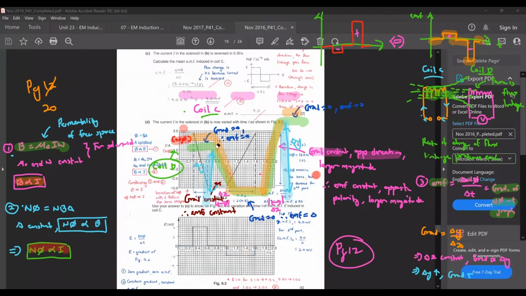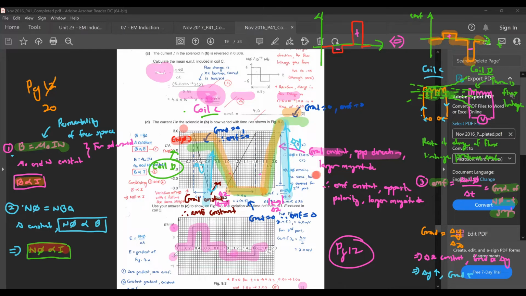Now, in that example, you were drawing a graph worth 4 marks or so. But because the previous questions for this same question already asked you to calculate the EMF and gave you some values, when you draw your graph, you need to indicate the values. Like you see in my case here, I indicated 4 millivolts, and for this one, I indicated -2 millivolts.